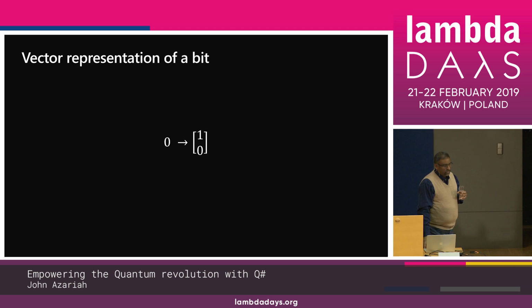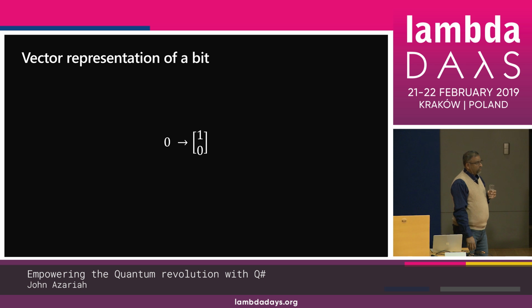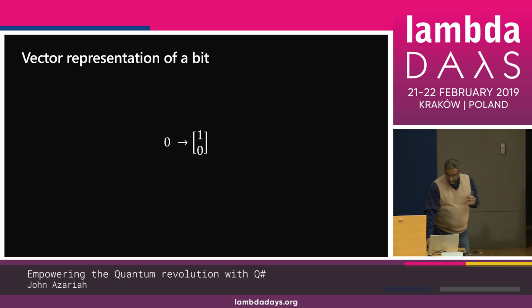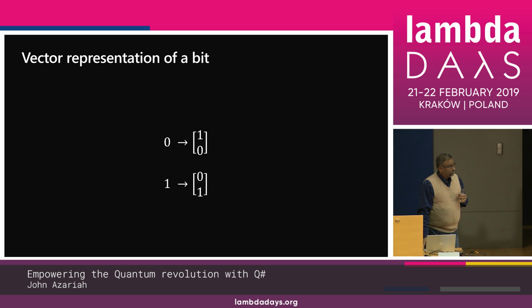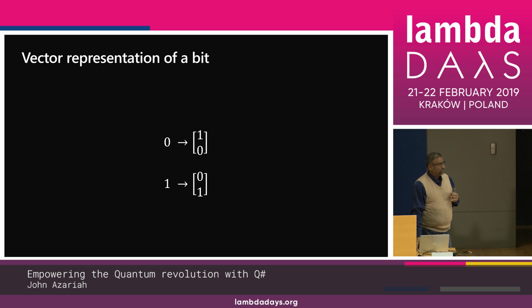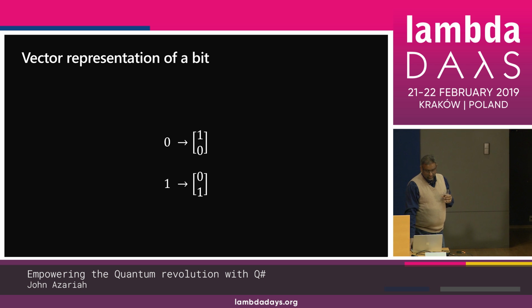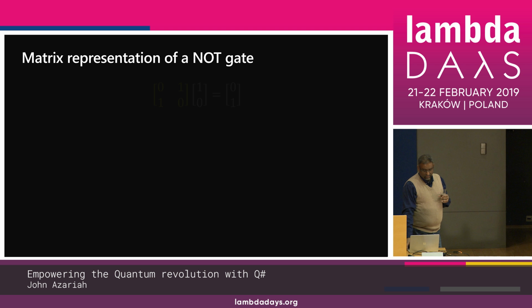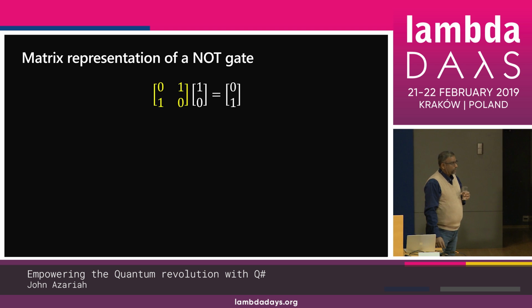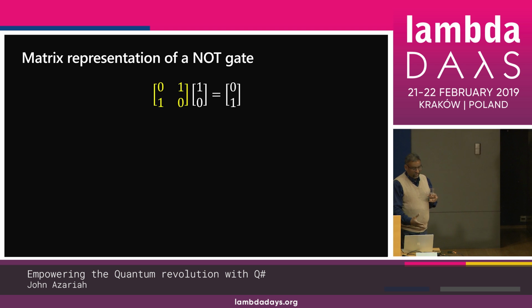So let's say that I represent a bit as a vector that way, right? And now, what is a NOT gate? What takes the 0 vector to 1 and a 1 to a 0? Well, it's some kind of matrix, isn't it? It's some kind of matrix that does this kind of thing, right? So if I take that matrix and I multiply 0, I get a 1.